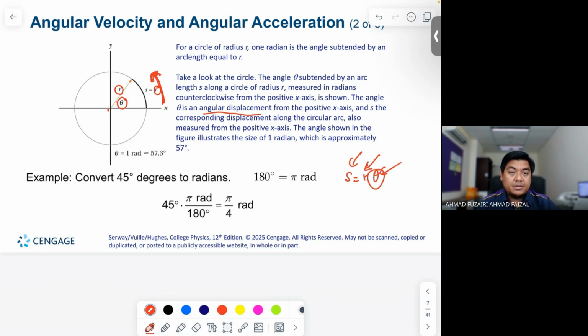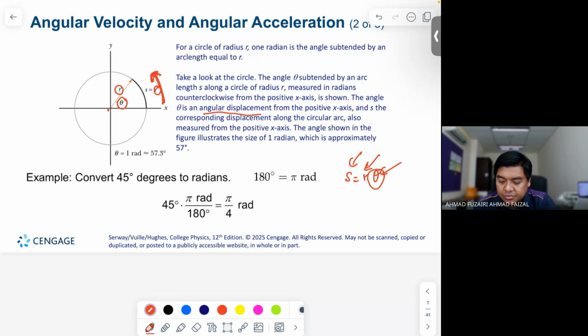So what is theta in here? In this case we call it the angular displacement. That means it's actually a displacement, but in terms of rotation. Angular, in rotation.